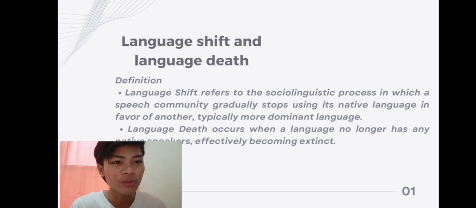Language death is what happens when that original language is completely lost, gone forever. No one speaks it anymore, not even as a first language. It's like the language has gone extinct, like a forgotten culture. That is language shift and language death.